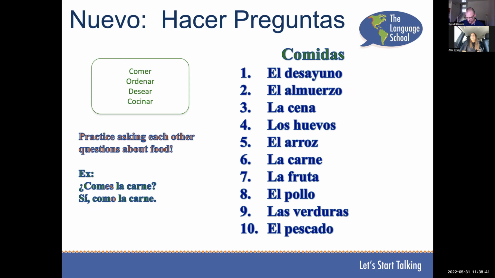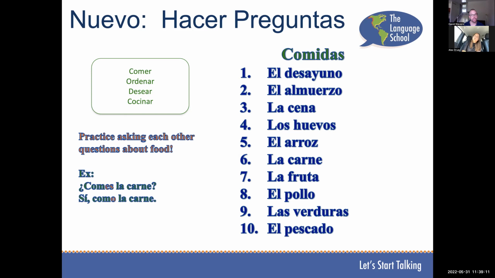Bien, it's the same thing here, this time with different foods. ¿Qué significa el desayuno? El desayuno is breakfast. ¿Comes el desayuno? Sí, como el desayuno. ¿Qué significa almuerzo?